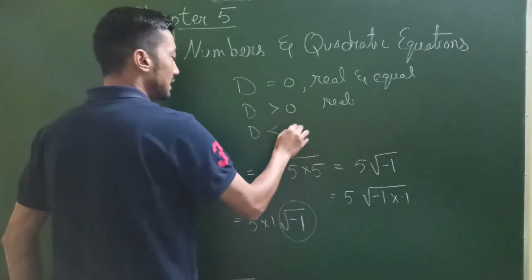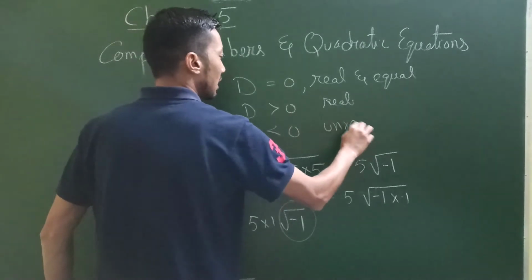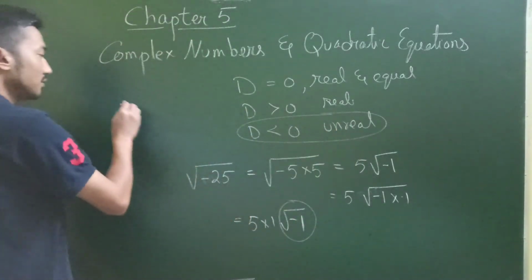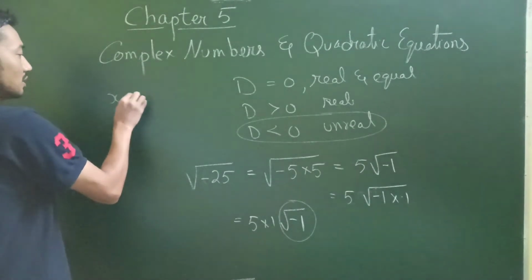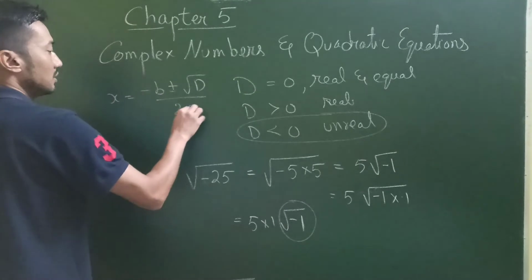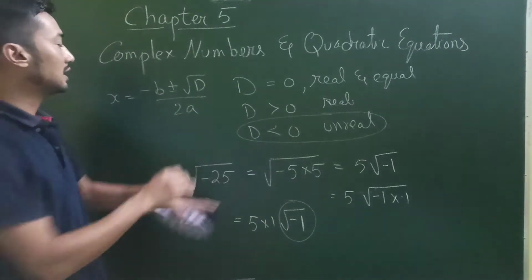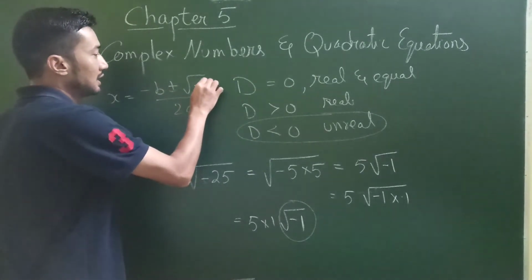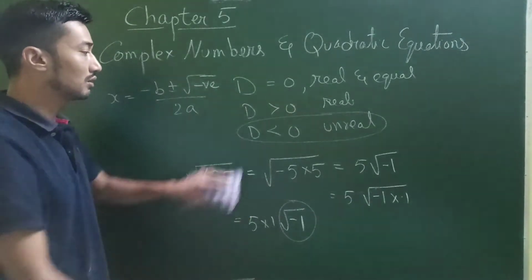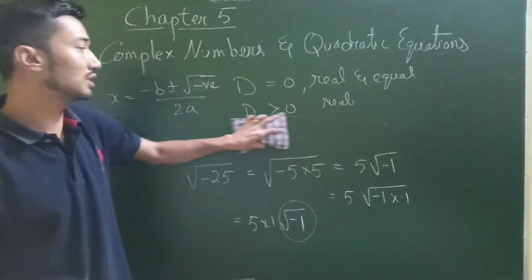But if D is less than 0, we say that the roots are unreal. Now this is that portion, because as per quadratic formula, the value was minus b plus or minus root over of D, divided by 2a. Now, if D is less than 0, that means this is going to be a negative value. Of course, in class 10, we don't solve this part. We solve only these two conditions.